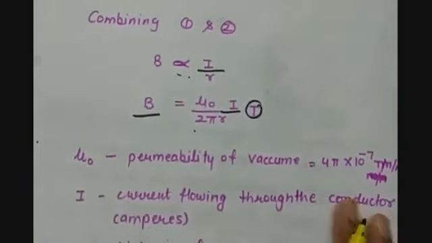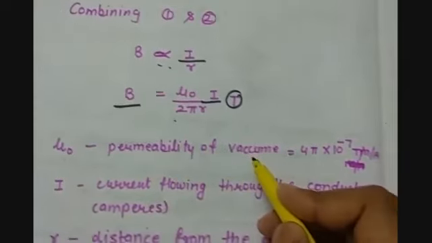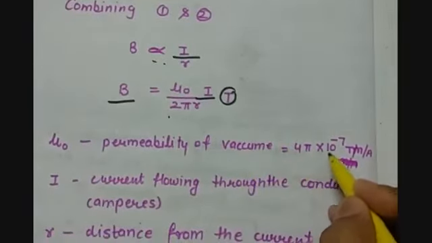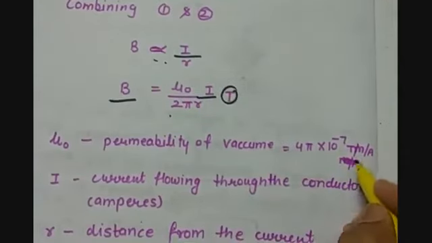Here mu naught is the permeability of the vacuum, and its value is 4 pi into 10 raised to power minus 7 Tesla meter per ampere.